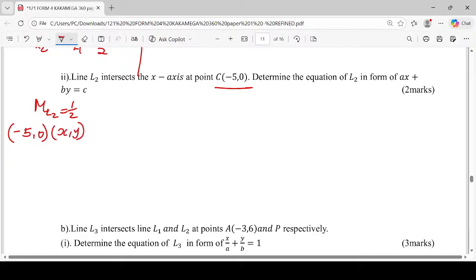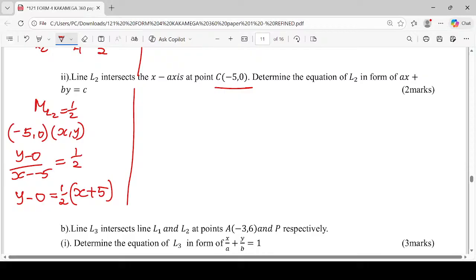So I'm going to have y minus 0 over x minus negative 5. This should give you the gradient, which is a half.